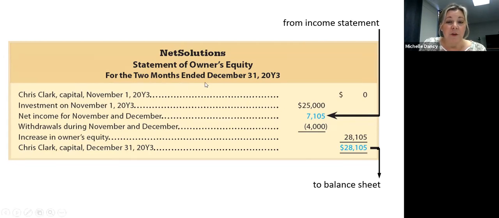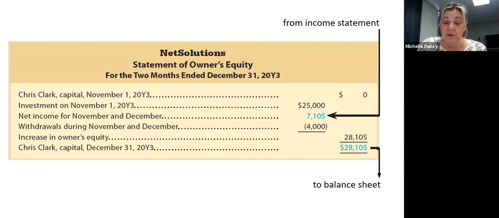So once again, for the 2 months ended December 31st, our basic template for our statement of owner's equity has not changed. So if you need review on what we're doing on the financial statements, I have a video in the chapter 1 module in Canvas, and I have some typed out notes with our templates in the chapter 1 module in Canvas.